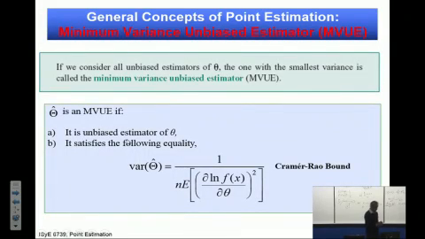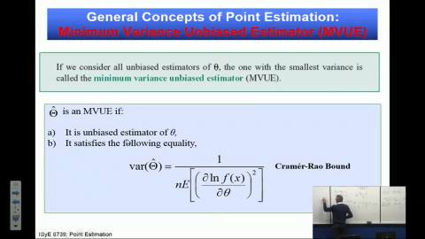We had one example. Then we said, okay, you may have a family of estimators, and all of them are unbiased. Which one is the best? The one with the minimum variance.